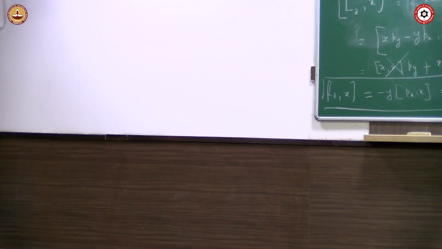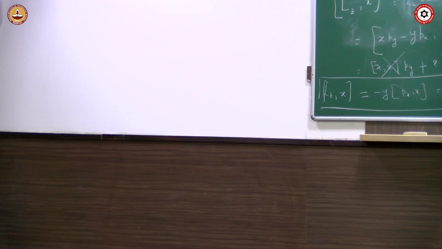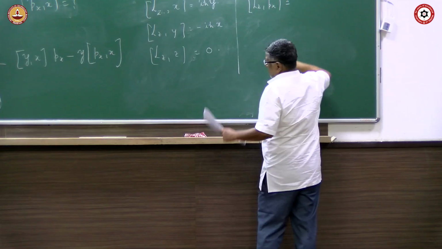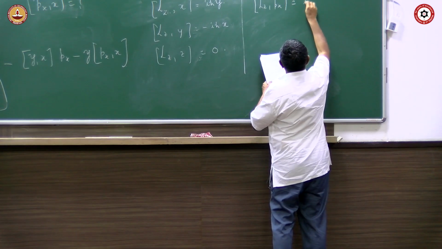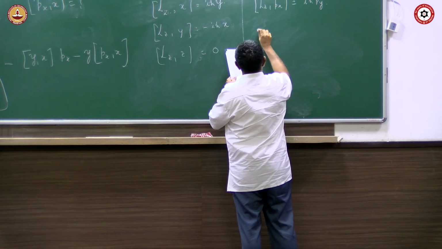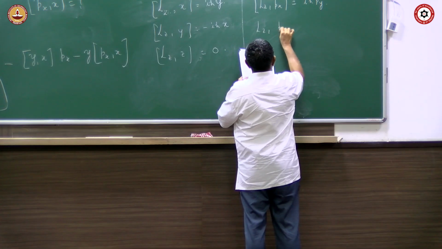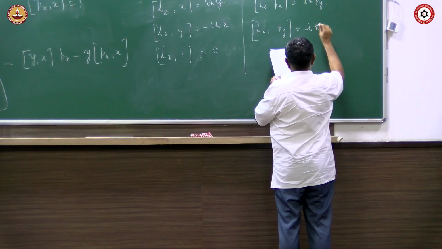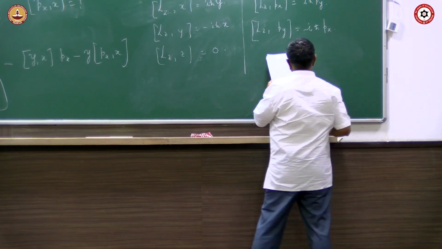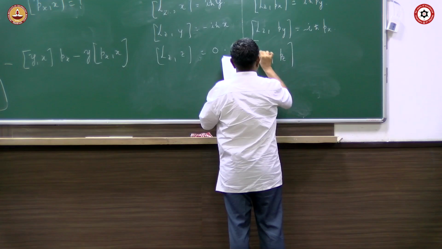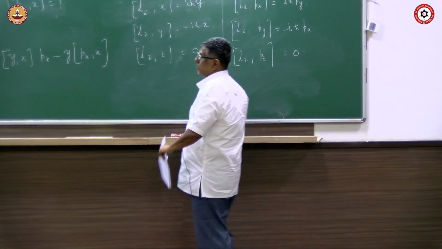Similarly, instead of x I can have the momenta components. [Lz, px] equal to iħ py, [Lz, py] equal to minus iħ px, [Lz, pz] equal to 0.